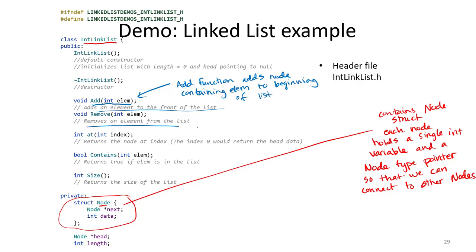We also have a remove function that will delete an element from our list. So if we want to remove an element that contains, like number 2, for example, this would find the element containing 2 and remove it. We also have a contains function that will return true if some int value element is in our list.